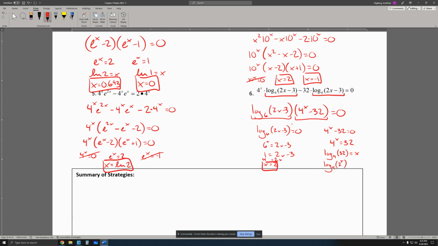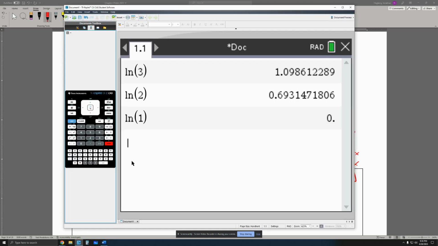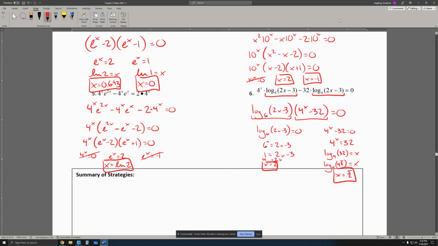Or 2 could be rewritten as the square root of 4, so this could also be rewritten as 4 to the 1/2. So this would be log base 4 of 4 to the 5/2. So then x is equal to 5/2. At this point, you could have also just plugged log base 4 of 32 into your calculator, and you'll get 2.5 or 5/2.